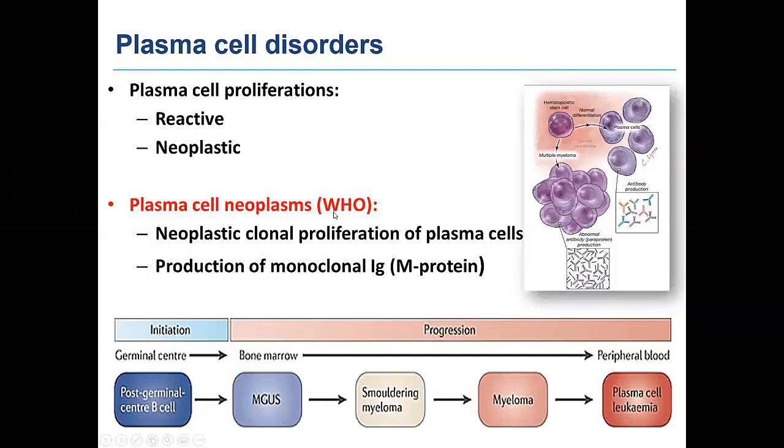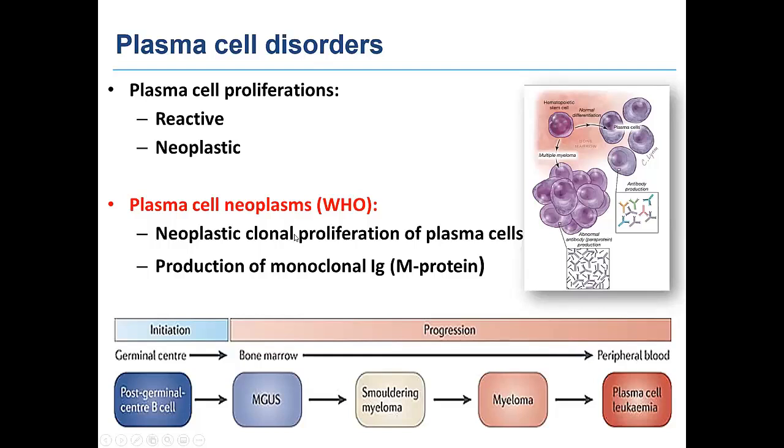This is a term now used by WHO, which says it is a neoplastic clonal proliferation of plasma cells. The most important word in this is clonal. Now, how do we know whether multiple myeloma is clonal or not? Because the very definition is clonal proliferation of plasma cells.